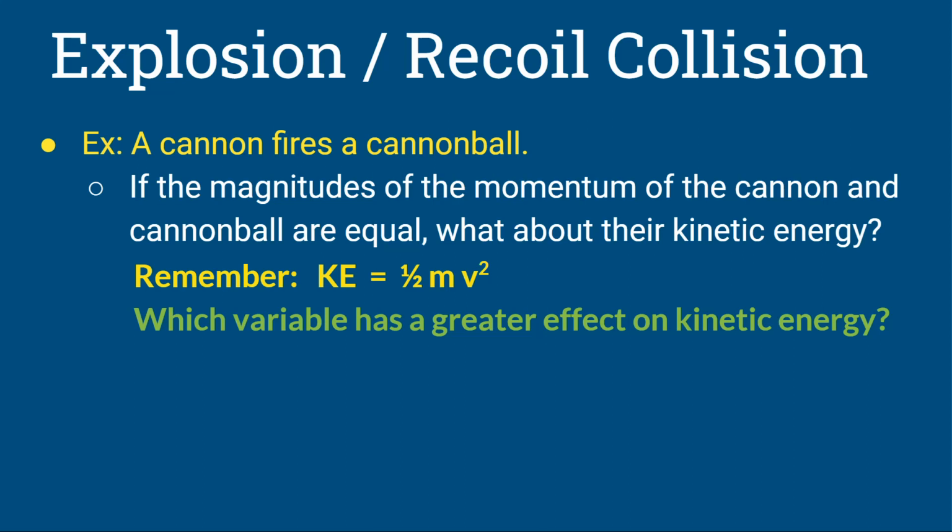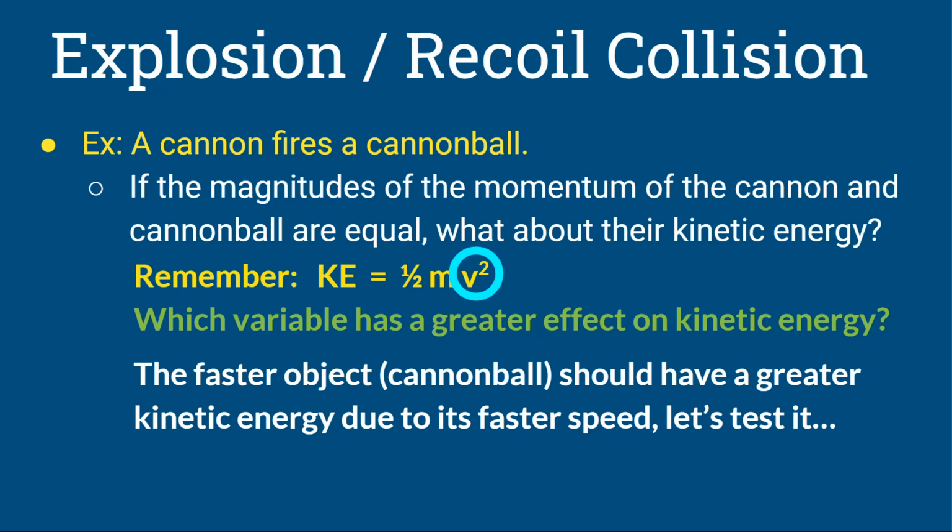Okay, if I look at the kinetic energy equation, which variable has a greater effect on the kinetic energy of the object, the mass or the velocity? Velocity, it's squared. Okay, so theoretically, the velocity has a greater effect, because it's squared in the equation. Therefore, whichever object's moving faster, in this case the cannonball, should have greater kinetic energy due to its faster speed.